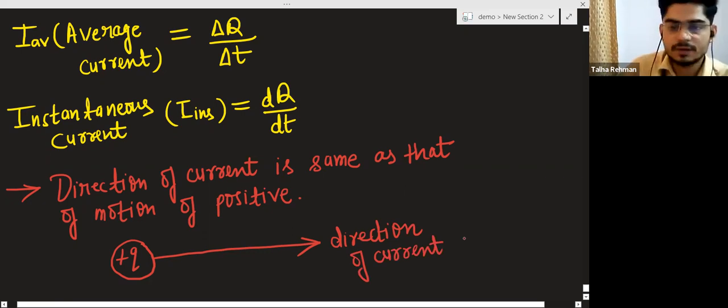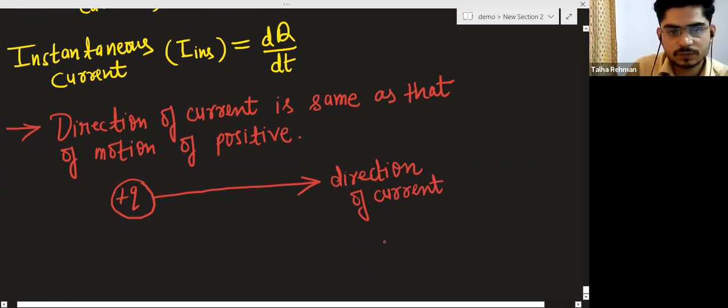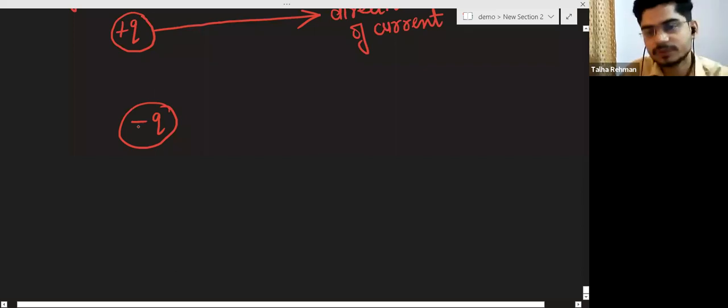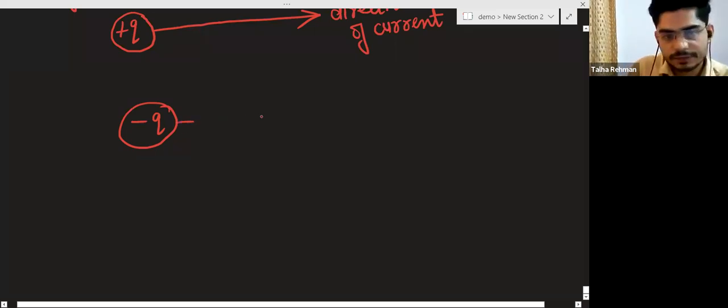Now if a negative charge is moving, negative charge can also move. If positive charge can move, then negative charge can also move. If the negative charge is moving in this direction, then the direction of current will be opposite to this charge.